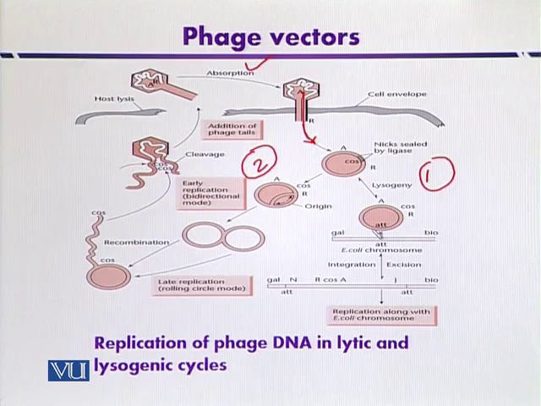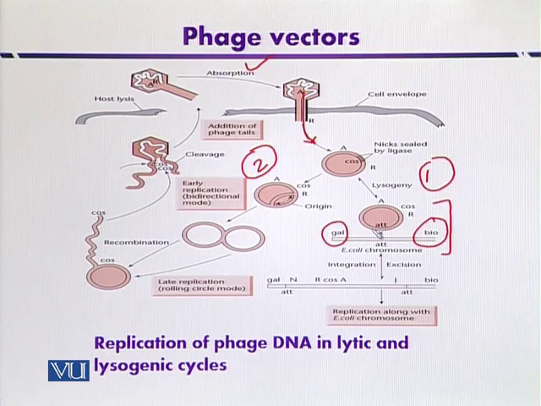In lysogeny, prophage formation occurs after integration of the lambda genome into the host genome between the gal and the bio region. Due to some stimulus, it can also be excised, which may be ultraviolet light under laboratory conditions. Otherwise, it will replicate along with the host chromosome until some stimulus causes its excision.